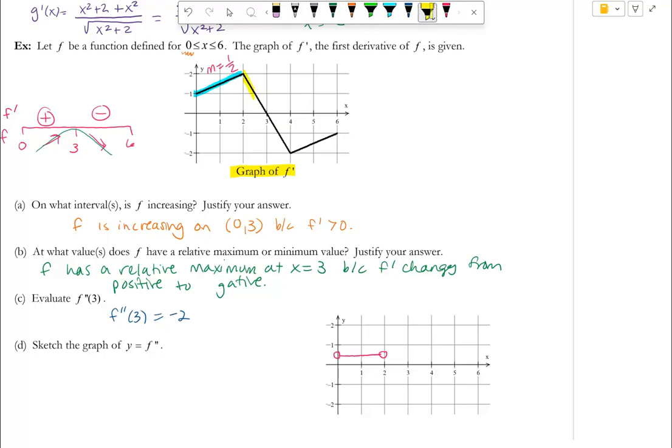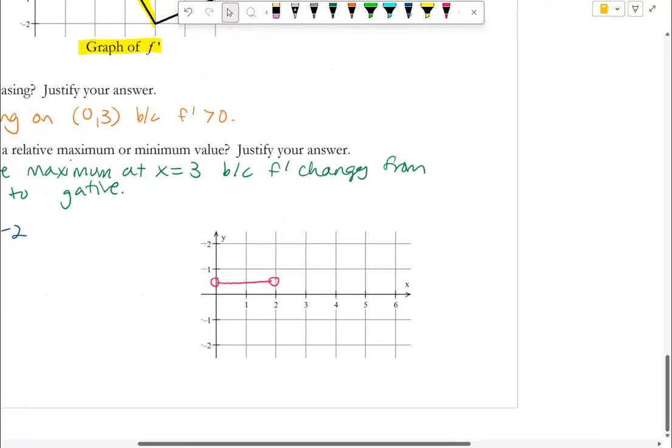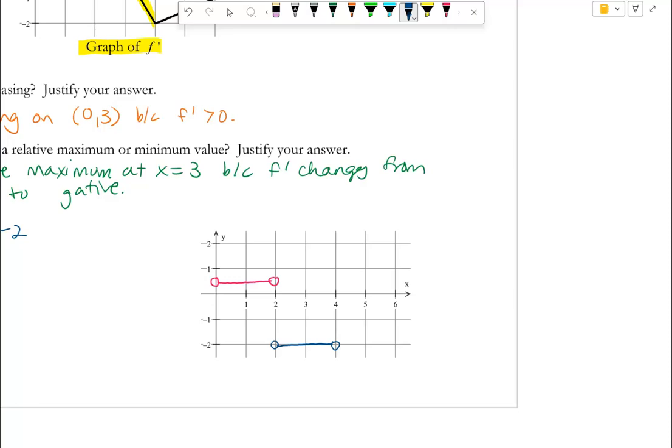But from x equals 2 until x equals 4, excluding those values, we said already in part C that our instantaneous rate of change, or our slope, is -2. So on my graph of the second derivative, from 2 to 4, but excluding those values, my second derivative is -2.